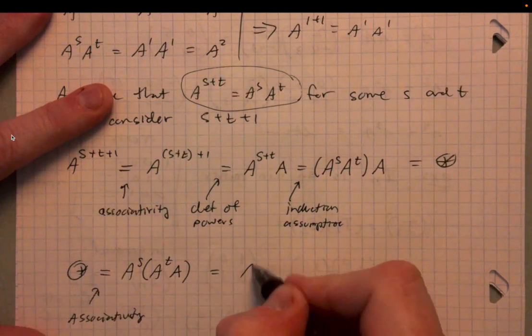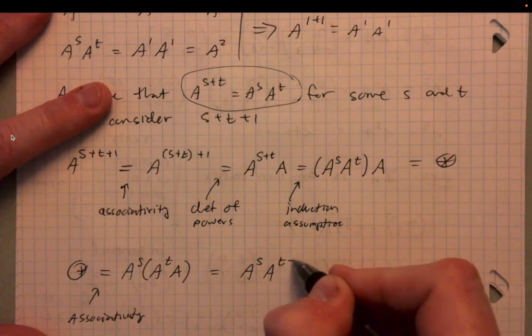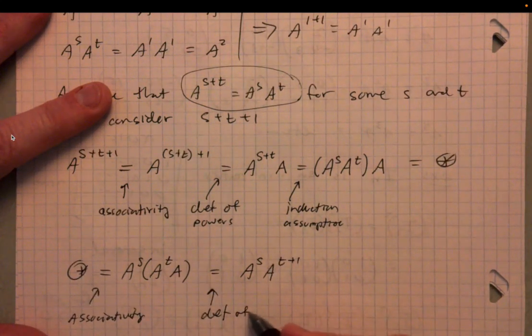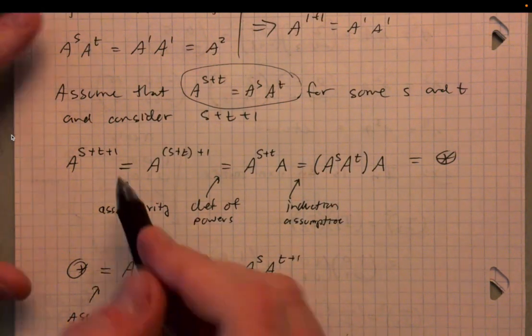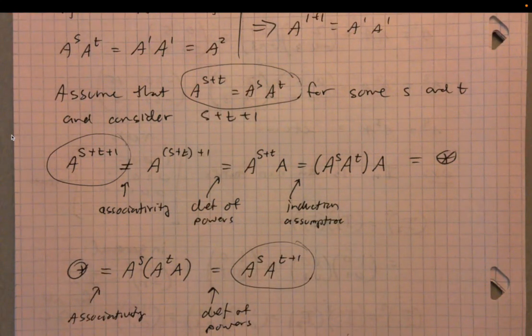And then finally, we can say this is A to the s times A to the t plus 1. Now, what is this? This, again, is the definition of powers for matrix multiplication. A to the t times A is equal to A to the t plus 1. And what have we shown? We've shown that this is equal to this, which is exactly what we needed to show.